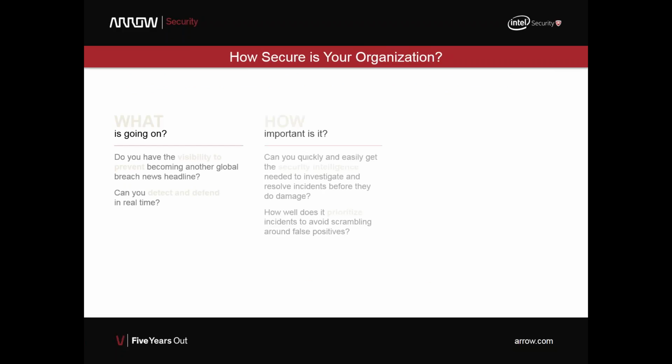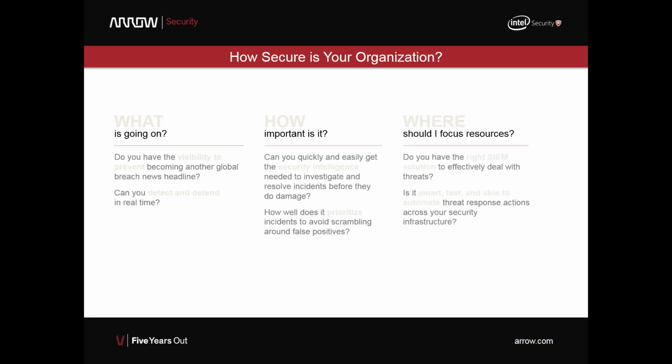What you actually need to know in your organization is what is going on, how important it is, and where should you focus resources. So you need to have an up-to-date and current understanding of what's going on. If you have all these different products, all siloed, all giving you reports at once, you are firefighting.